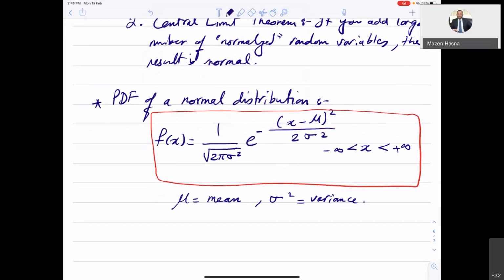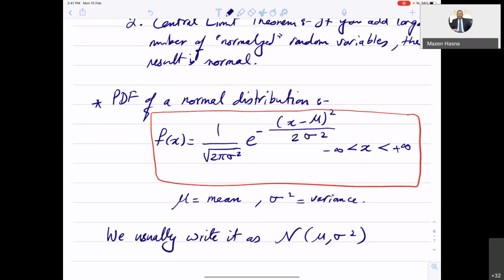You don't need to calculate it. And we usually write it as normal of mu and sigma squared.